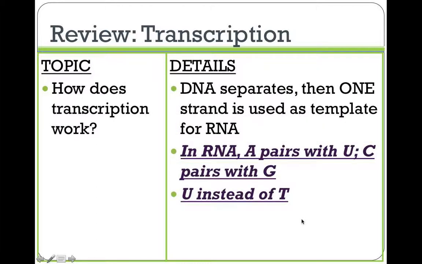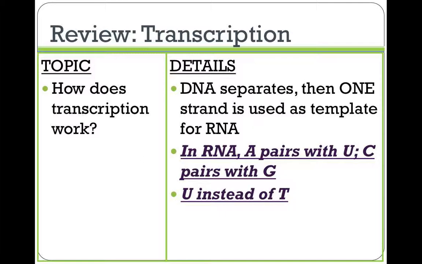So that's a little bit about the basics of transcription. How exactly does it work? Again, you read about this for your notes before, but just to briefly review, in transcription, DNA separates in kind of a bubble. So not the entire double helix, but a little bit of the DNA separates. After this happens, one strand is used as a template for the RNA.